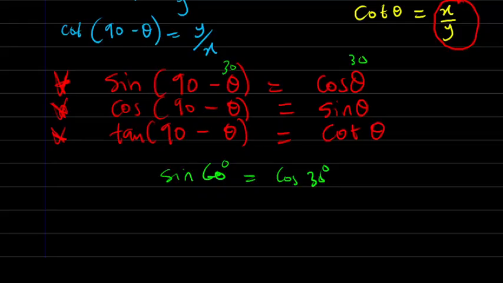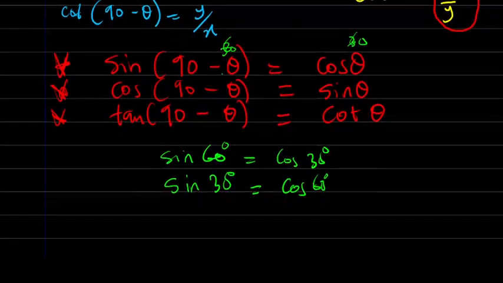Also, if I put 60 here, 90 minus 60 is 30. Sine 30 degree is the same thing as cos 60 degree.